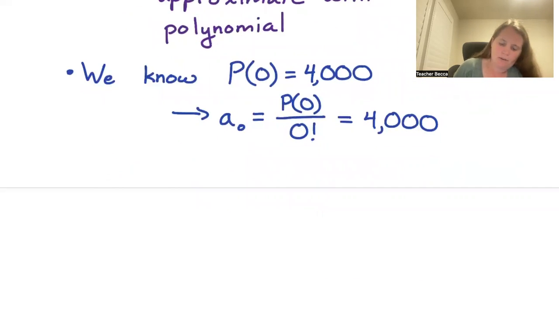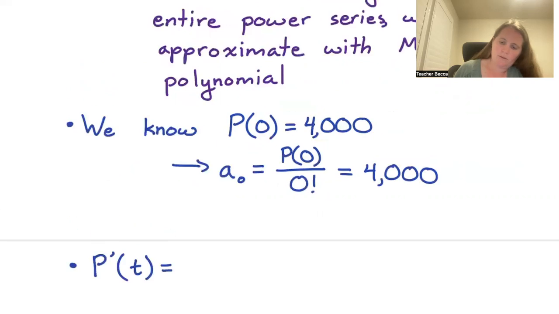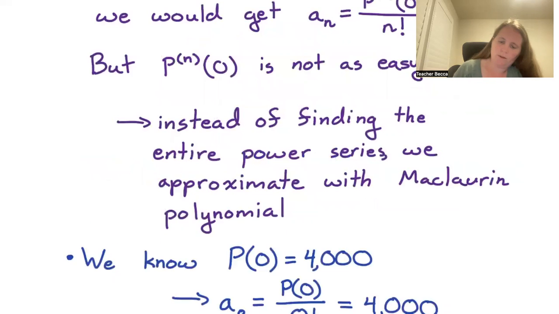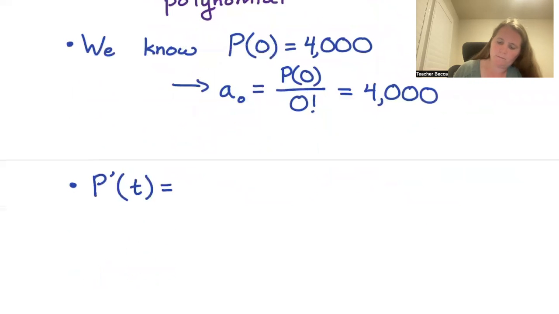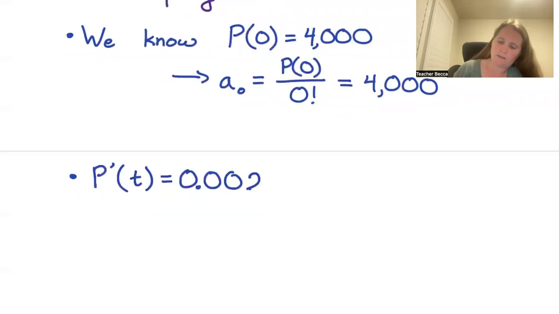Then we have p prime of t is equal to 0.002 times p squared minus 5,000 p.